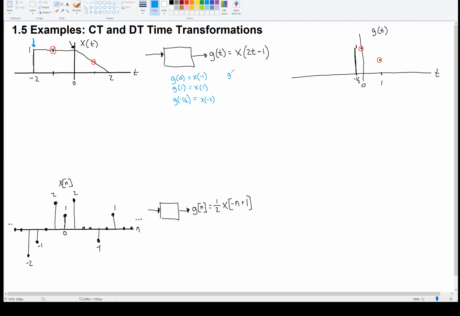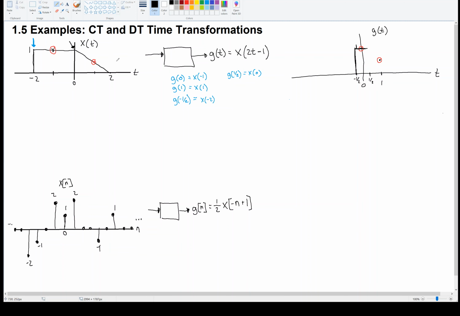So g of 1/2 equals x of 0. Now I know the elbow on my graph happens at 1/2. So here's 1/2, I've got something like this, and now it's going to start to decrease.